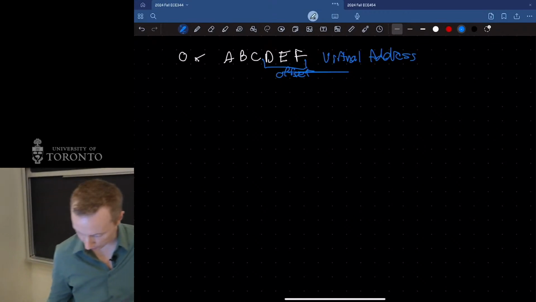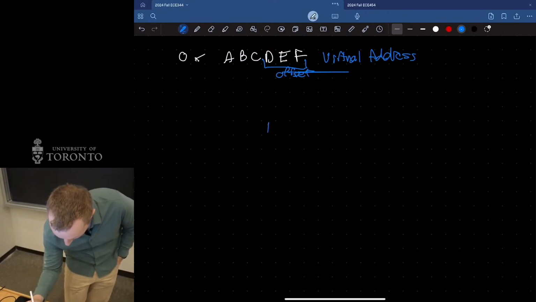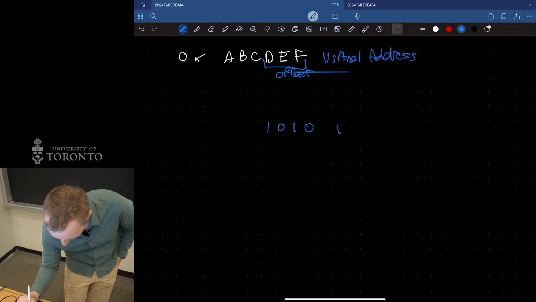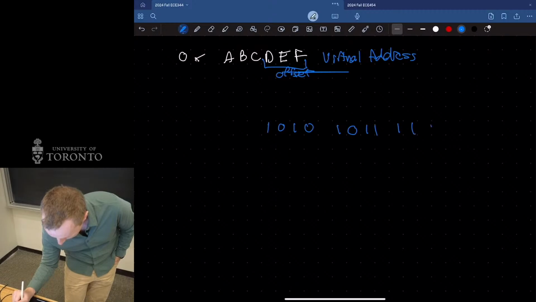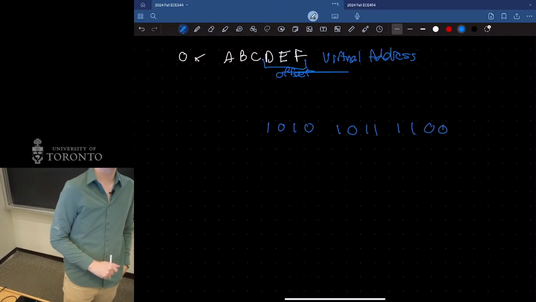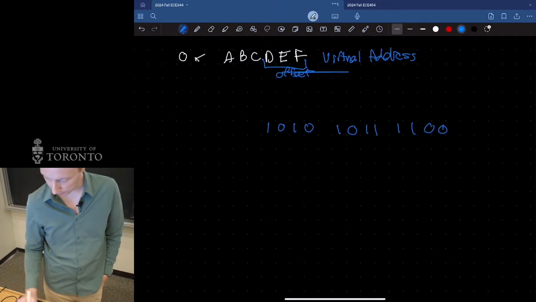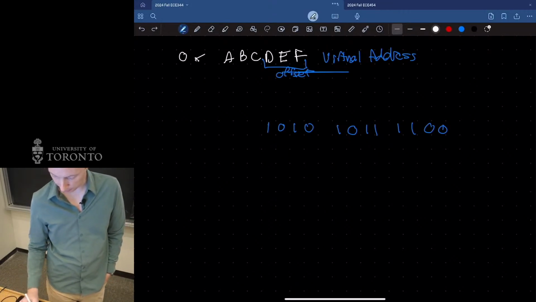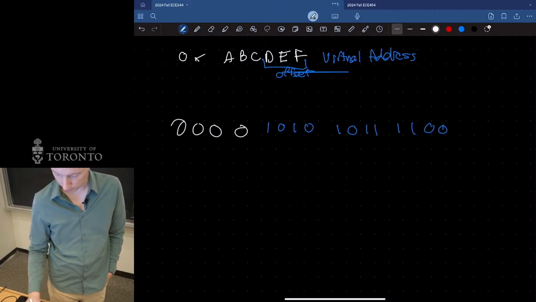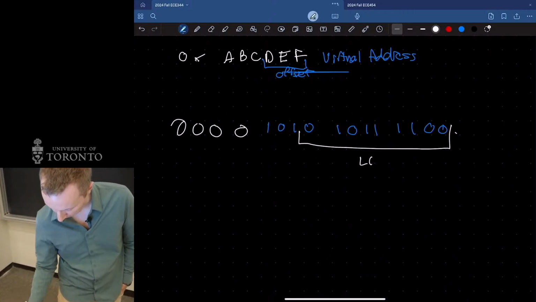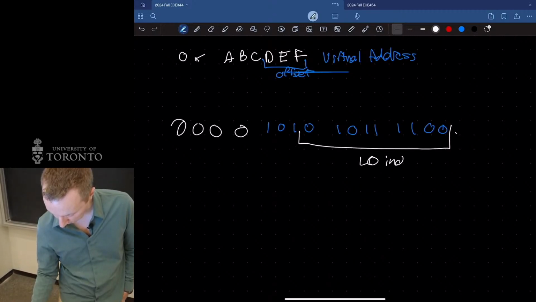So I have to turn this whole thing into binary. A was 1010, B was 1011, and C was 1100. This would, of course, have leading zeros, like everything else in math, so these are all zeros. If I group them into 9s, this is my L0 index.